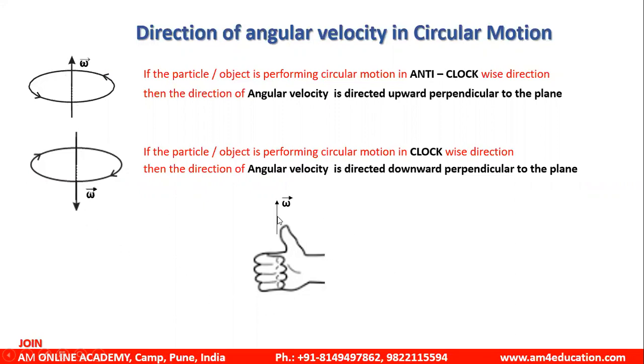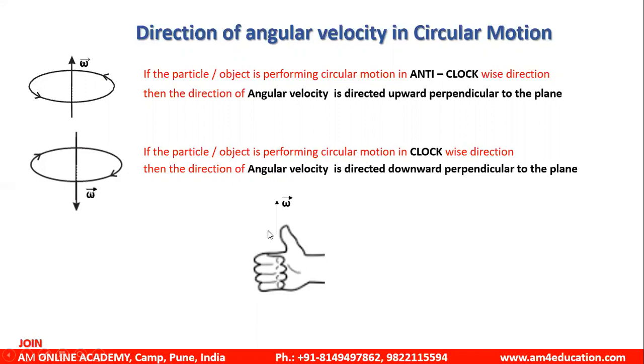It is found by the right hand rule. You have to curl the fingers as shown in this figure. If the curled fingers show the direction of motion, then the outstretched thumb denotes the direction of angular velocity. Here, the curled fingers denote the anti-clockwise sense, so the outstretched thumb, which is directed upward, is the direction of angular velocity.